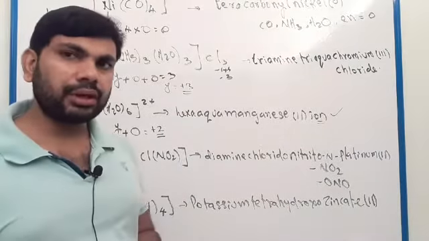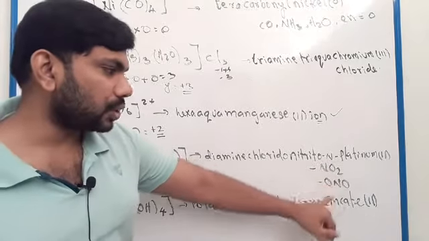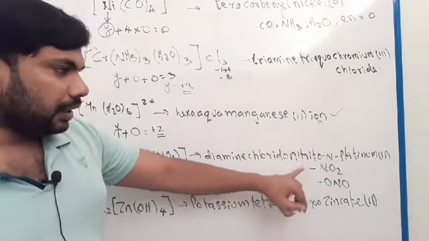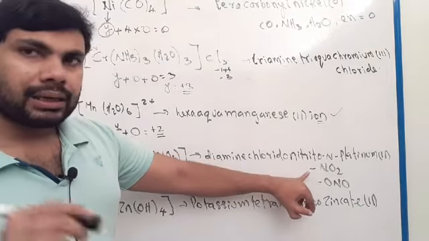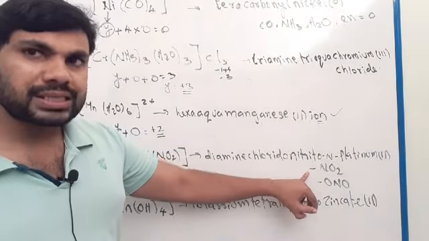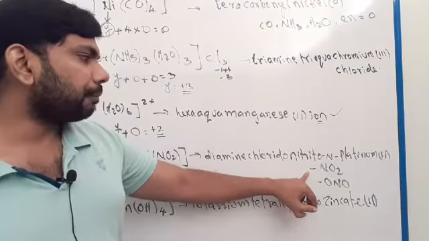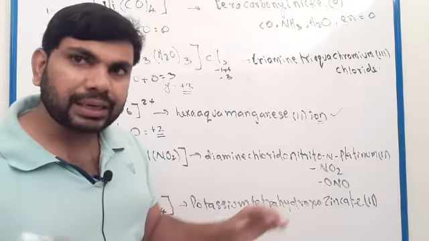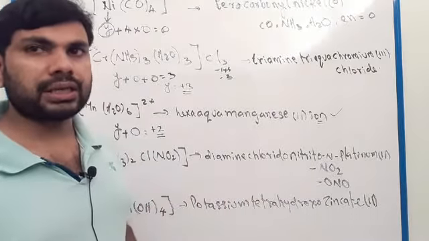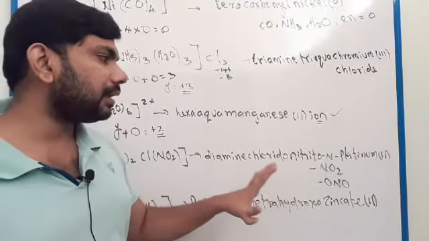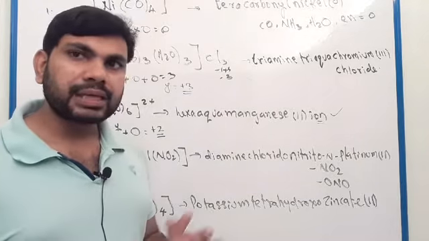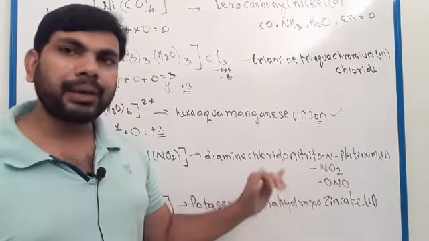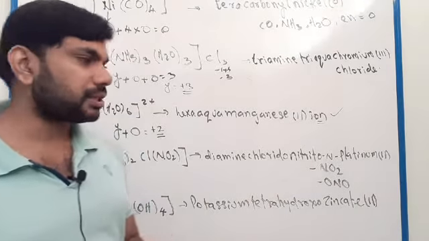They have the same molecular formula, 1 nitrogen, 2 oxygen in both cases. NO2 means nitrogen makes linkage with the central metal atom, and ONO means oxygen makes linkage with the central metal atom. Same molecular species but different atoms make linkage with the central metal atom.